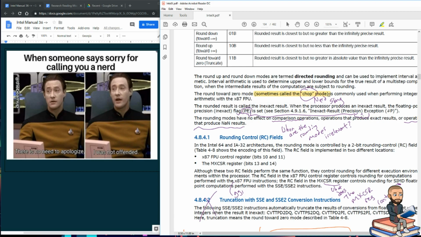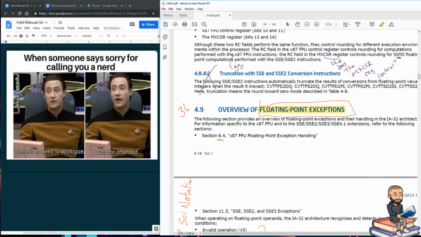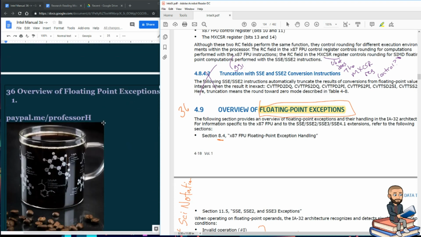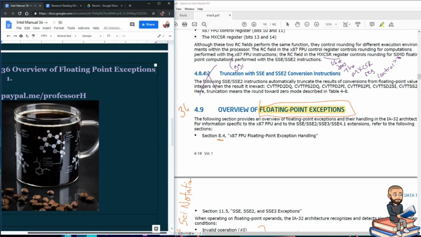So my joke was that this is nerd slang, and then I said don't be offended by me saying the word nerd. I referenced this meme and here it is. When someone says sorry for calling you a nerd, Data says there is no need to apologize. I was not offended. Because of people asking to see the meme, I thought I'd go ahead and deliver that to you.